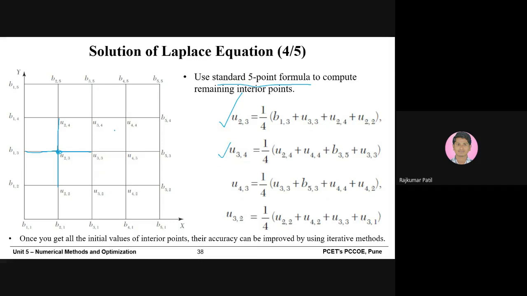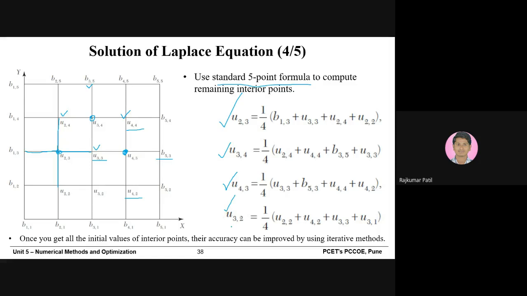For u34, its neighbors are u44, b34, u24 and u33. Then for u43, the neighbors are u44, b53, u42 and u33.